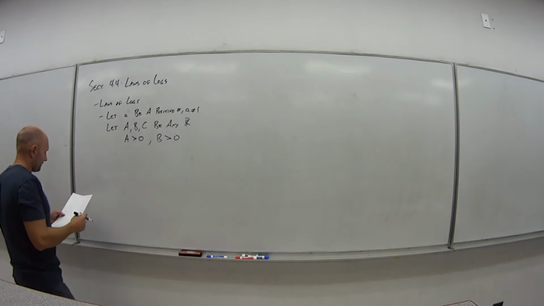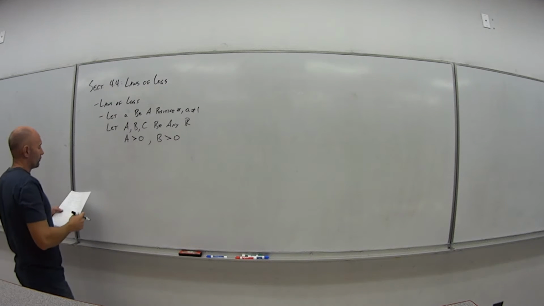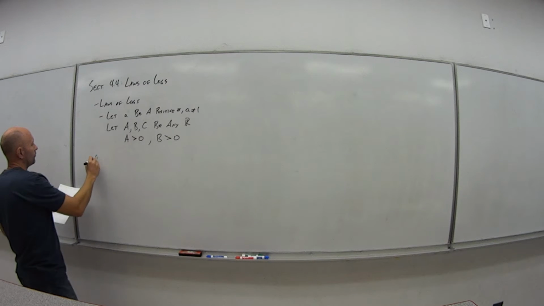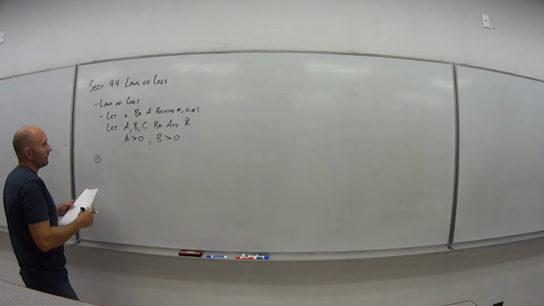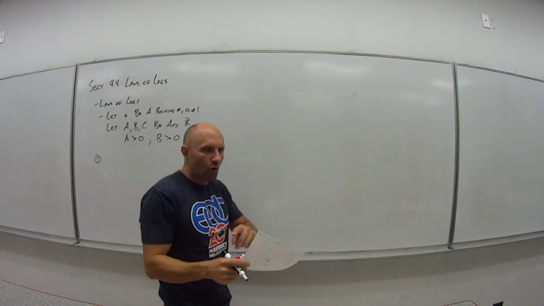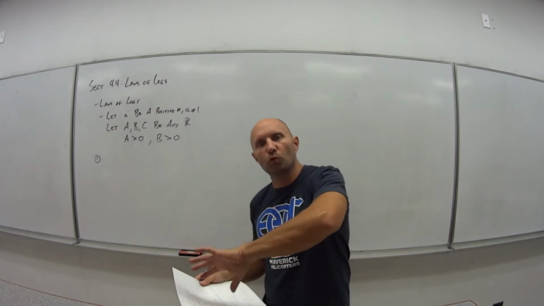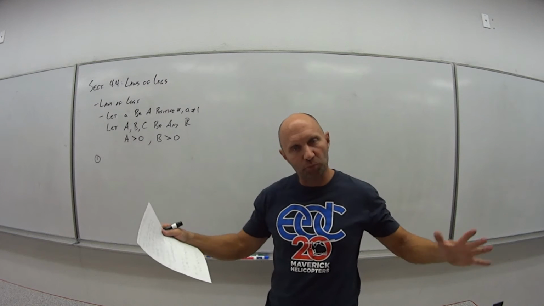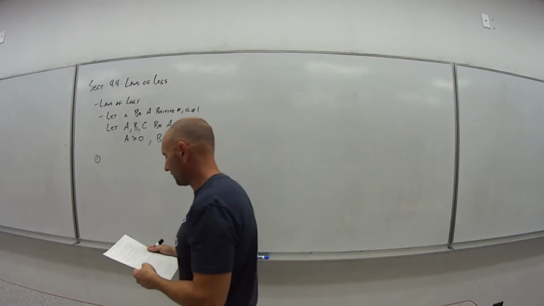So now that we have that groundwork laid, we get the following laws. And with these laws, they can go either way, left to right or right to left. You can either break things apart or you can combine things.